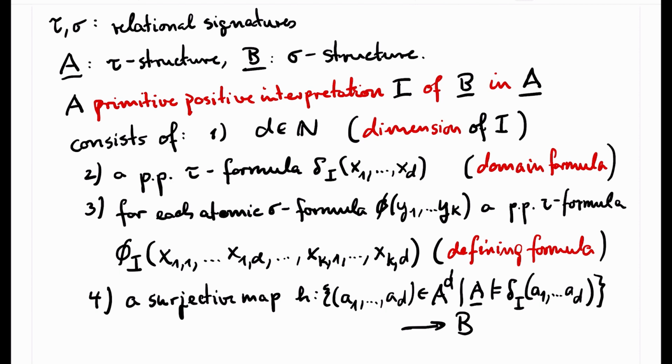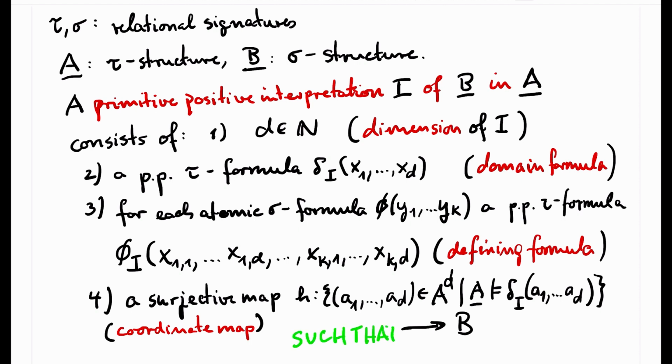In our example, the same rational number might have different representations, x over y. And all of these representations would be mapped to x over y. This map is also called the coordinate map. And sometimes the interpretation itself is identified with the coordinate map. So we write I instead of h. So this is what constitutes an interpretation.